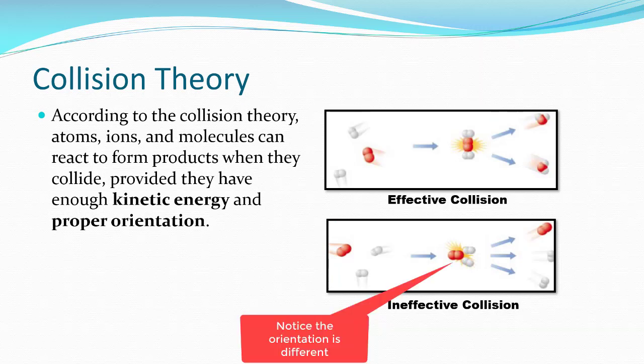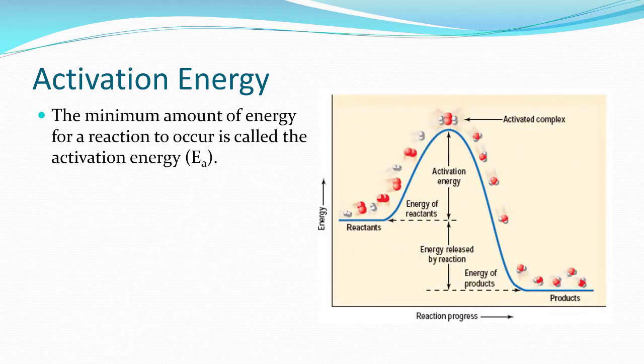So what is this amount of energy that we're talking about? Well, it is called activation energy. It's the minimum amount of energy for a reaction to occur. And you'll see on the diagram here on the right-hand side that I like to think of it like a roller coaster.